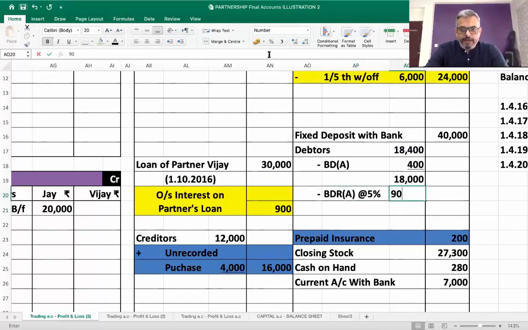So calculate 5%, which is 900. Outer column 17,100. Highlight this.